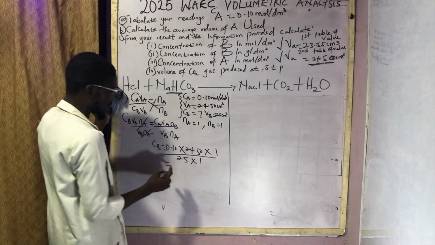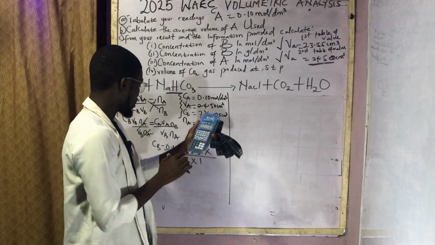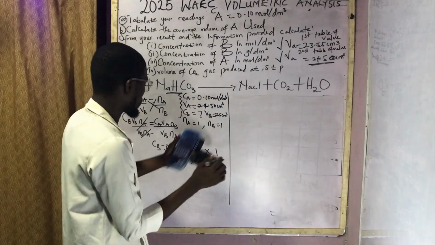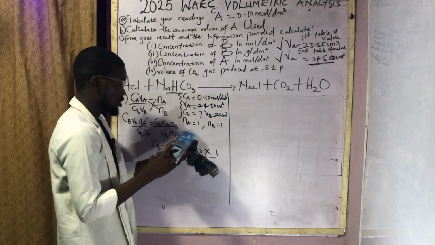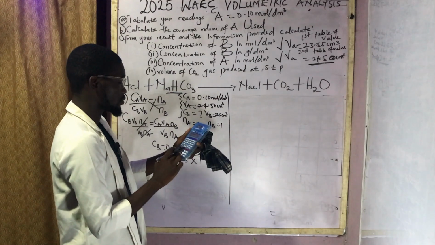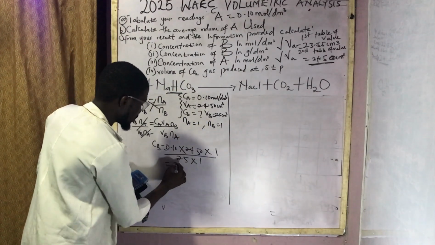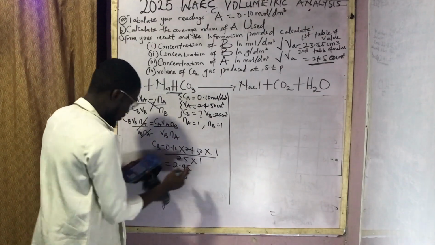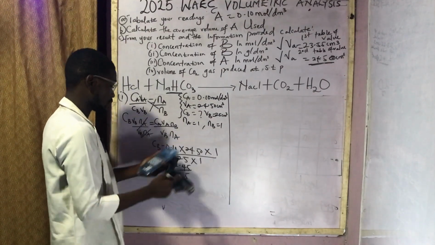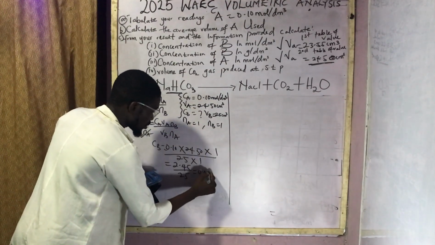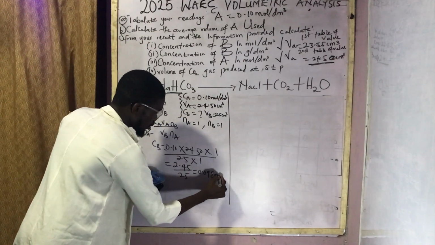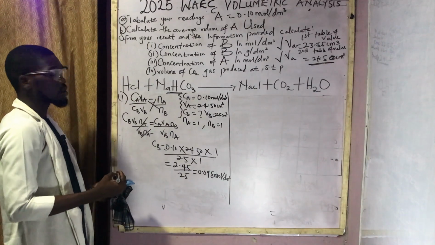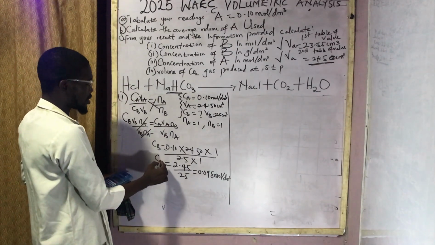Let's check: 0.10 times 24.50 divided by 25 gives 0.098 mole per dm cube. So now, we have our Cb.